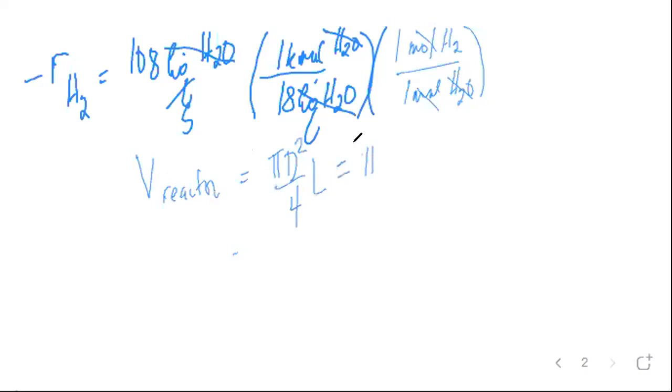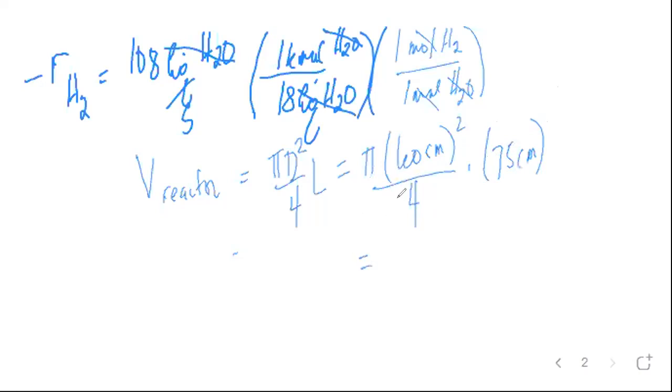So you have pi times the d, which is 60 centimeters, we square it, divided by 4, and we multiply by the length, which is 75 centimeters. You can have this converted to cubic meter if you want.